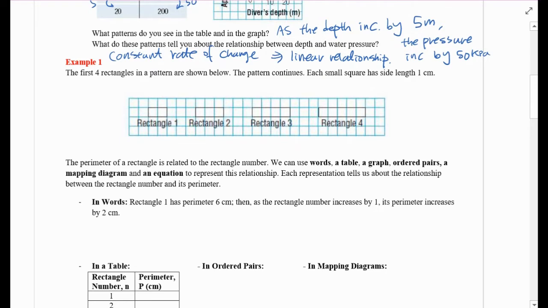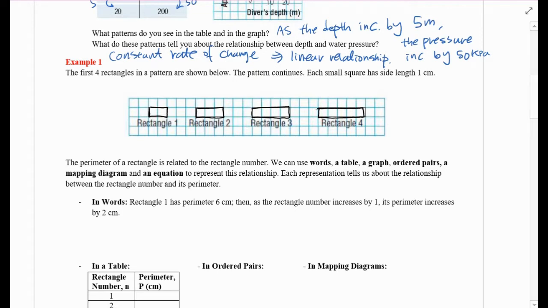The first 4 rectangles in a pattern are shown below. The pattern continues. Each small square has side length 1 centimeter. Okay, so we have 4 rectangles. This is the first one, second, third, and fourth.